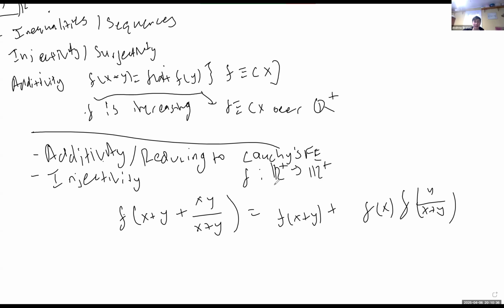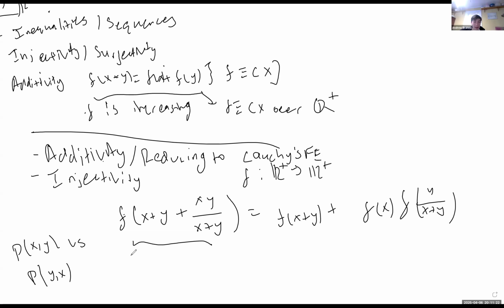When you see something like this, it looks like it could satisfy Cauchy's functional equation. The early game strategy here is to exploit the symmetry of the left-hand side by plugging in P of xy and comparing to P of yx.